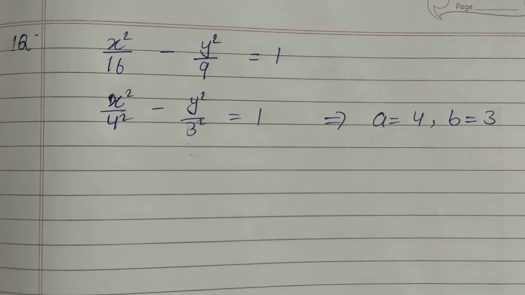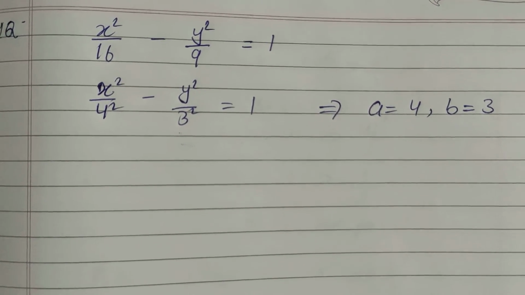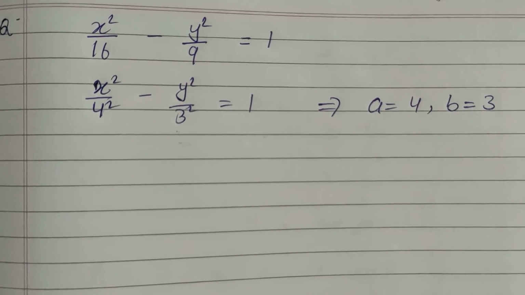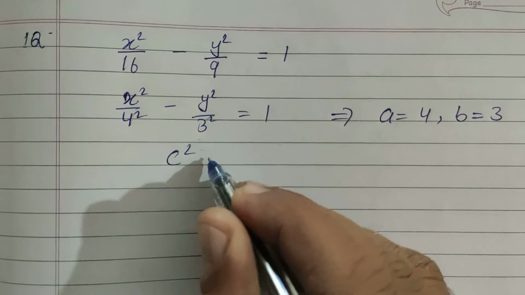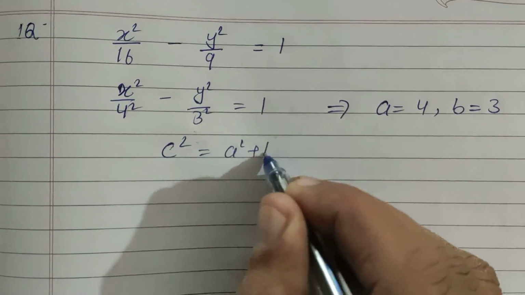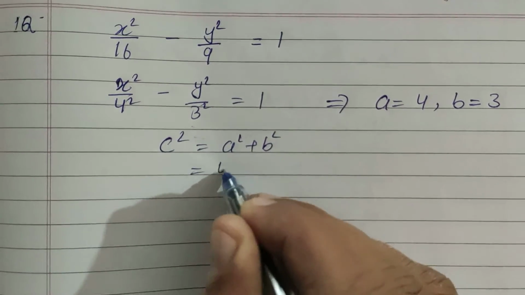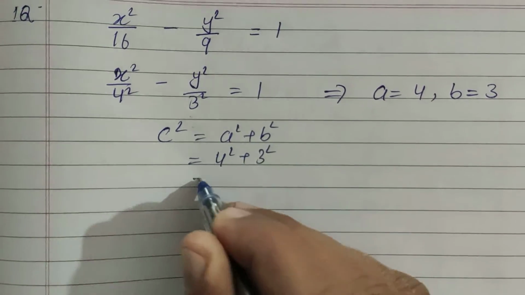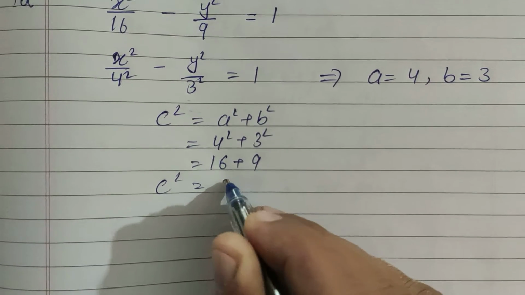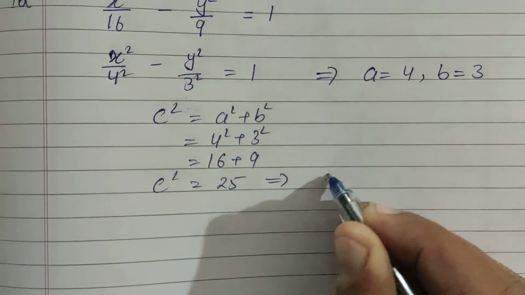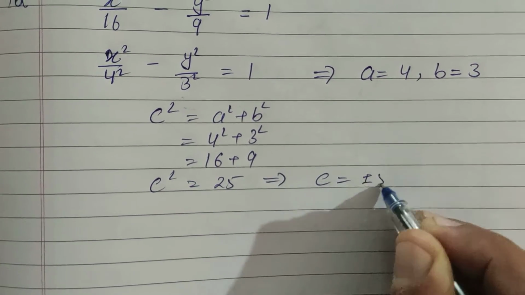Now what do we need to find? We need to find the coordinates of the focus. So first of all we need to calculate c. We know that c square equals a square plus b square, that is 4 square plus 3 square, 16 plus 9. So c square equals 25, that implies c equals plus minus 5.